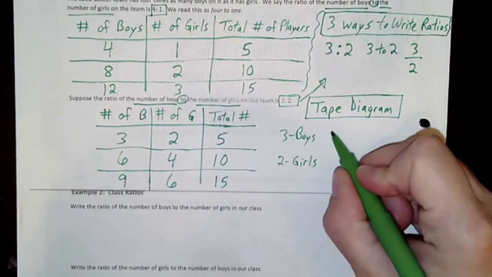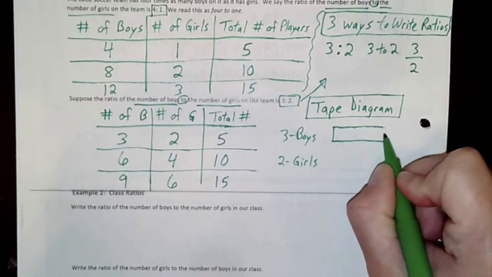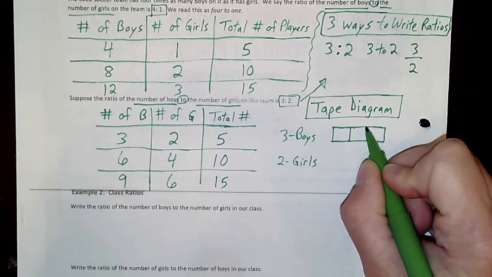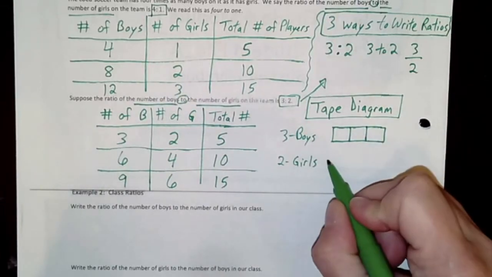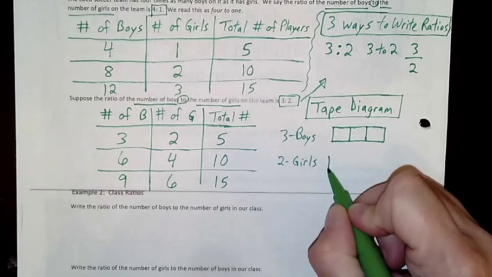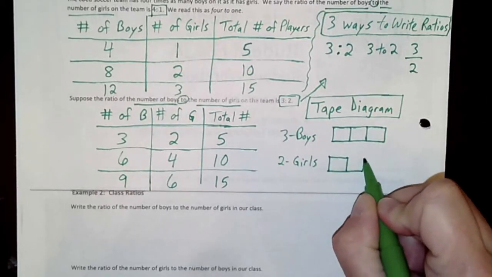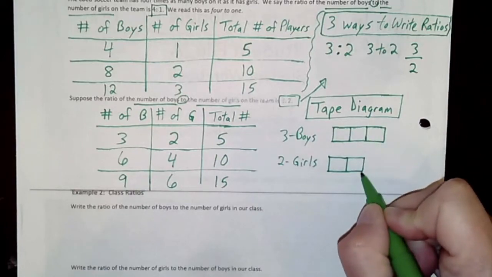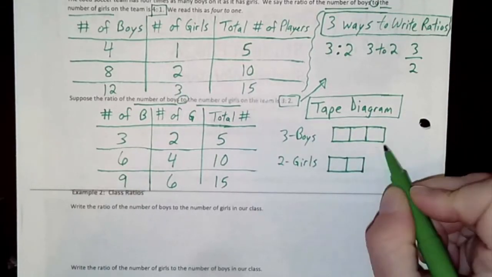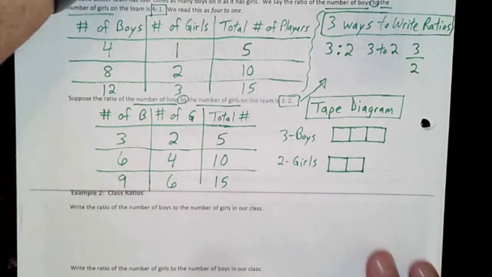What's really important in a tape diagram is that your boxes line up. Let me try to do this here. So when you make the girls' boxes, they need to be right below the boys. So this line and this one are the same. And that line's the same. So that you can see that this one's one more box larger than this one.